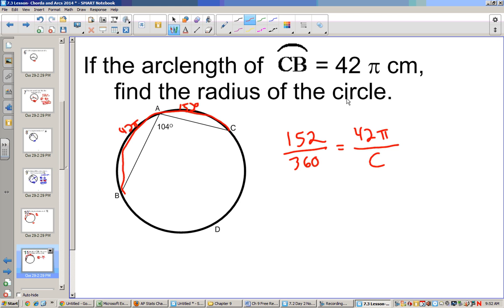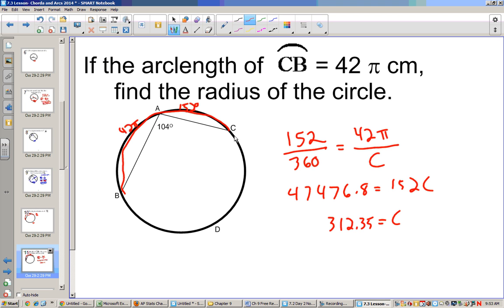So 360 times 42 times 3.14 gives me some number, which is 47476.8, equal to 152 times the circumference. So now I divide that by 152, and my circumference is equal to 312.35.